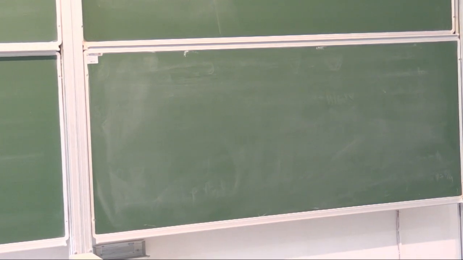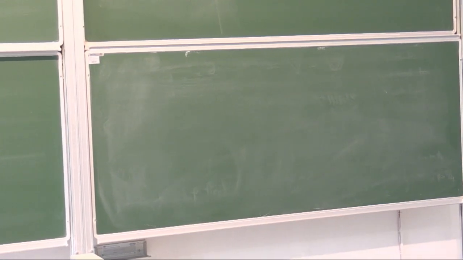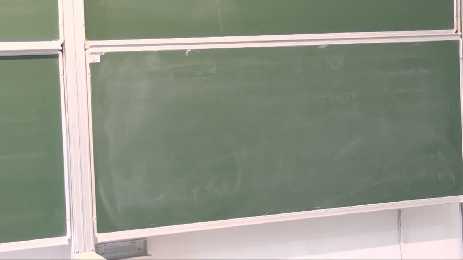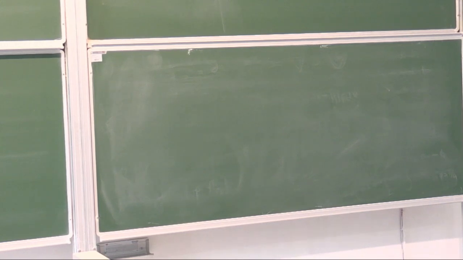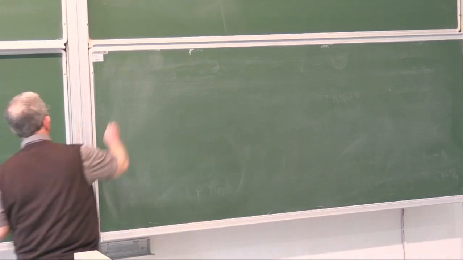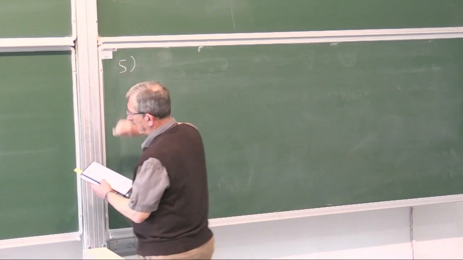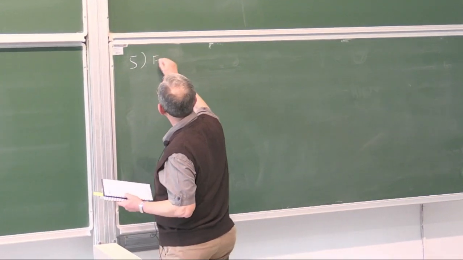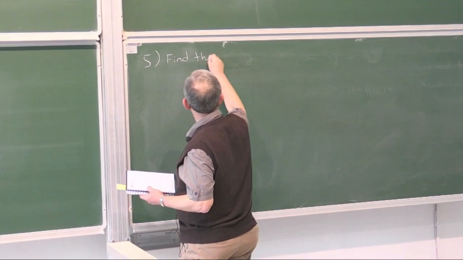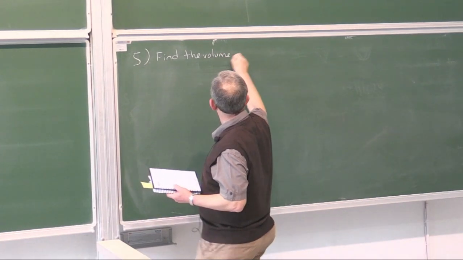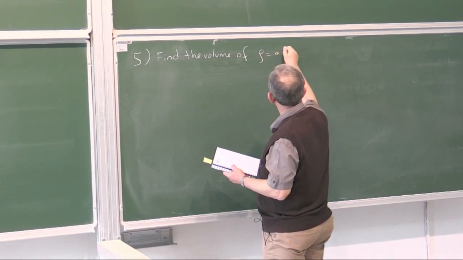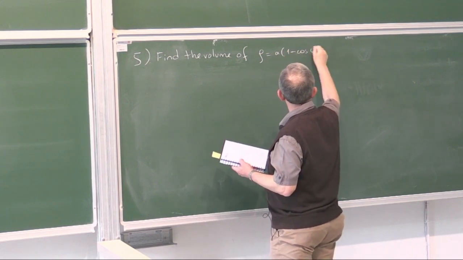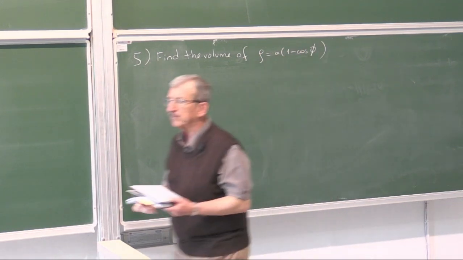So that was my 4th example. So this would be 5.1. We want to find the volume of rho equal to 1 minus cosine phi.